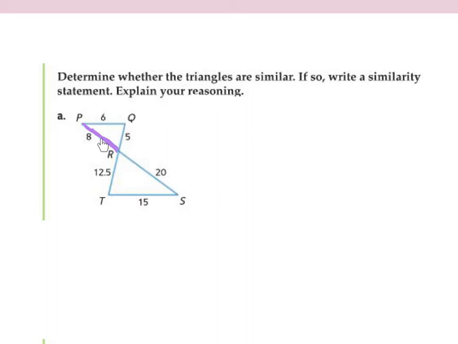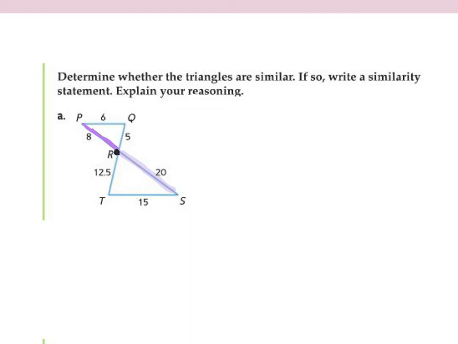So we see PS, this big line, is cut a little bit by QT. So we're going to use this vertex here as kind of our little marking for the difference between the two triangles. Okay, so PR and RS, let me do that in purple.